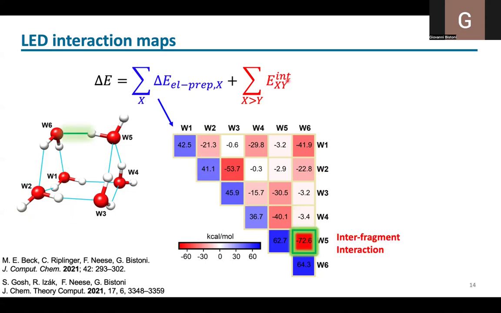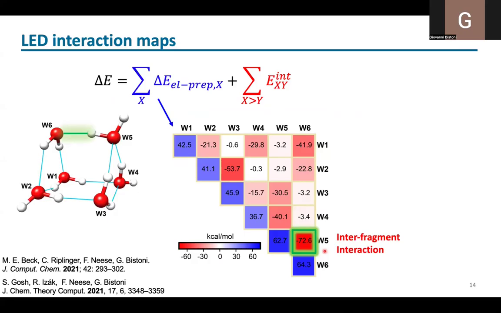In contrast, the off-diagonal terms represent genuine fragment pairwise interactions. For example, the strongest fragment pairwise interaction in this complex occurs between water 5 and water 6 and amounts to minus 72.6 kilocal per mole.